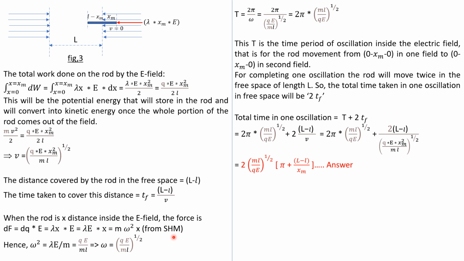In simple harmonic motion, this constant part is equal to m into omega square, where omega is the angular frequency with which the rod will oscillate. So we get omega as square root of qE divided by ml. Time period we know is 2 pi by omega, so we get 2 pi into square root of ml by qE.